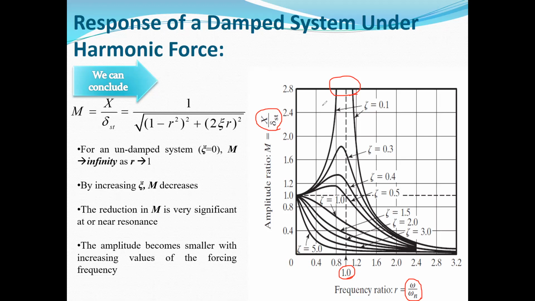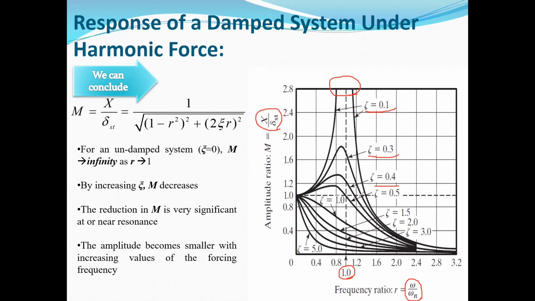And the second conclusion, here you can see by increasing the psi, or the damping ratio, for example, here is 0.1, then it's 0.3, 0.4, you can see that the amplitude ratio M is decreasing.